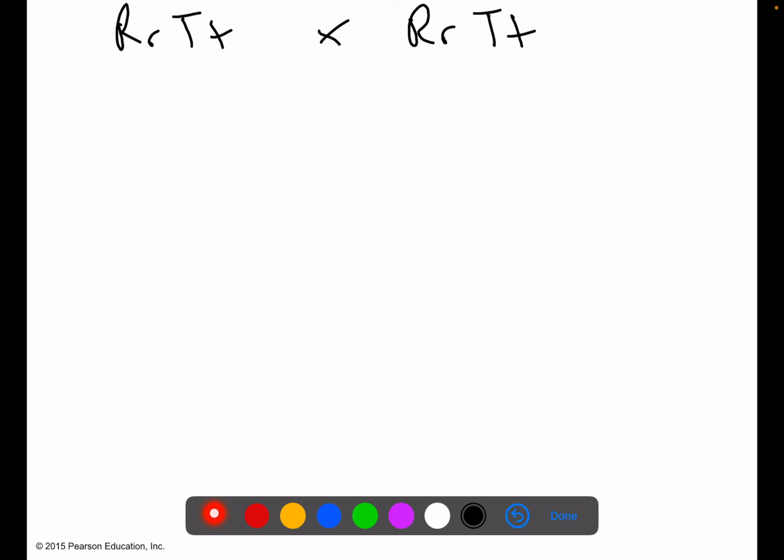Okay, let's try this again. This time, let's go with big R, little r, big T, little t, cross with big R, little r, also big T, little t. I'm just using a lot of heterozygous examples here, but any one of them could have been homozygous dominant or recessive.